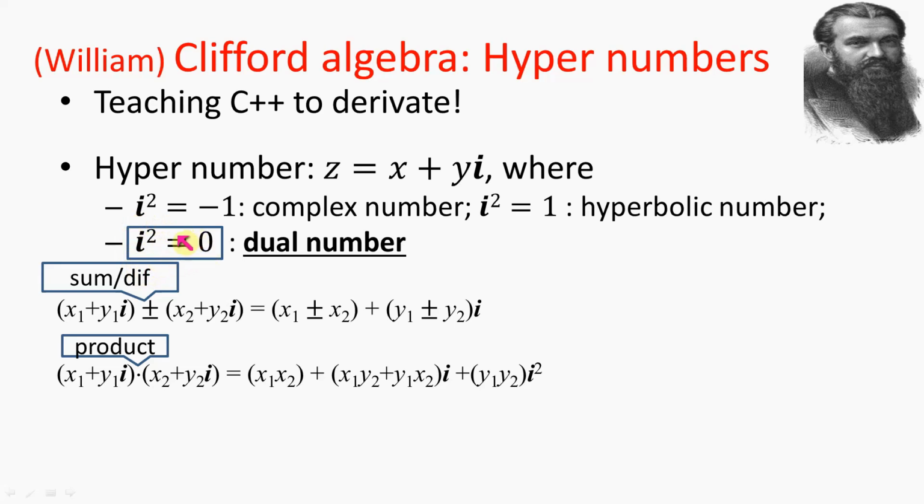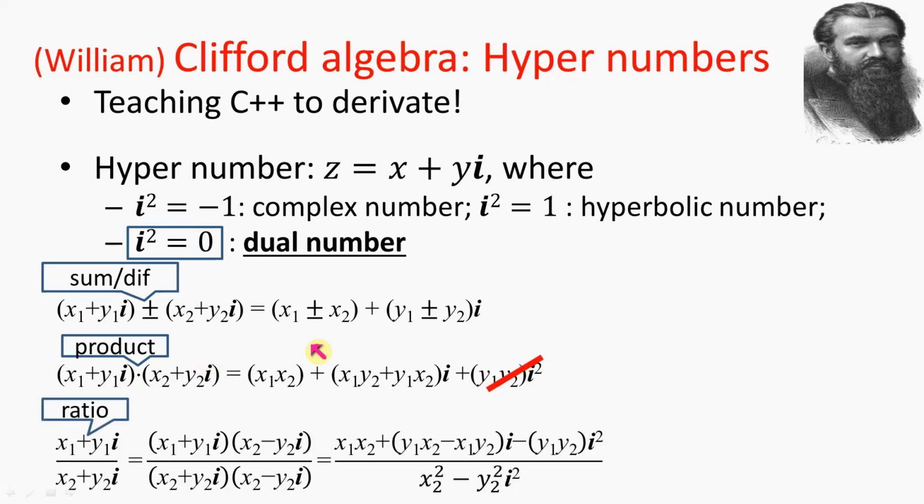So using the assumption that i square is equal to 0, this last part disappears from the formula of the product. So far we have addition, subtraction and multiplication. What about division? We can apply the same trick as applied to the computation of the division of two complex numbers.